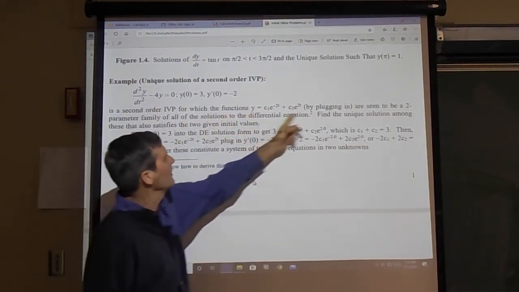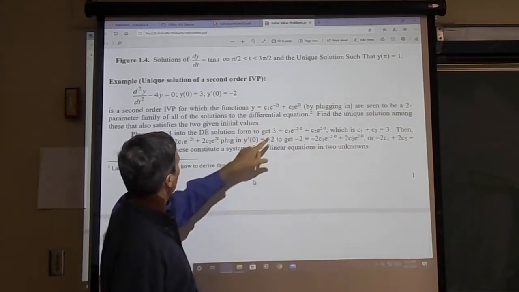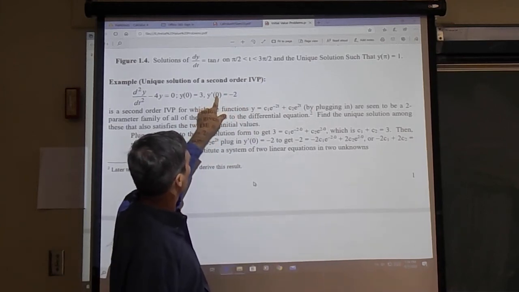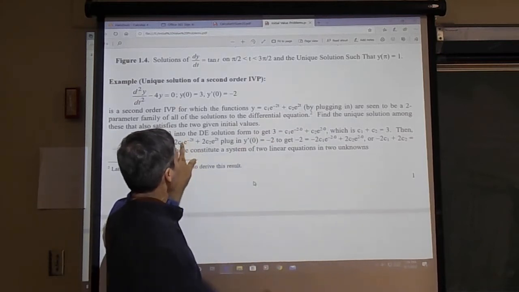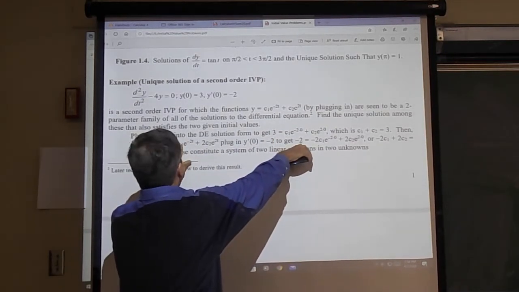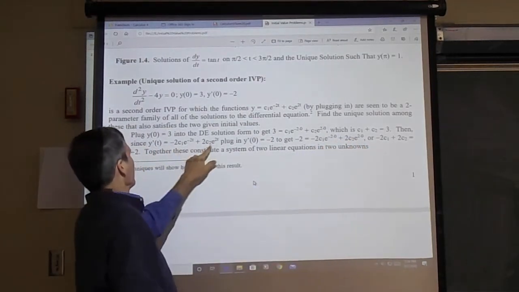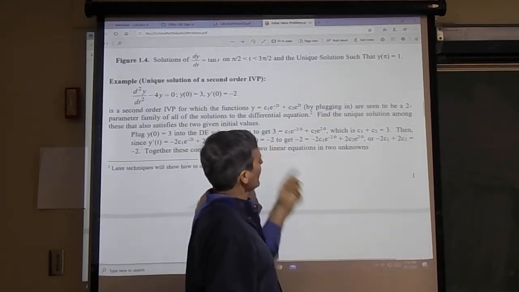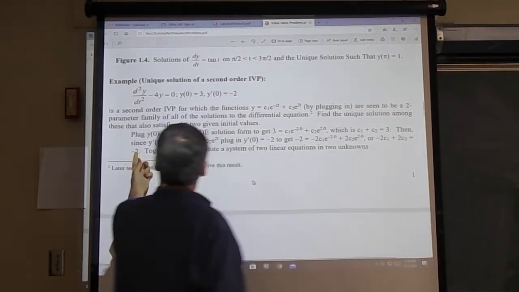We take the derivative of this and plug in t equals 0, and for the initial condition we get negative 2 for y prime. You plug in 0 for t, and it's minus 2 times e to the 0 plus 2 times e to the 0. This is the derivative of the function. And that tells us, by plugging in the second initial condition, that minus 2c1 plus 2c2 equals negative 2.